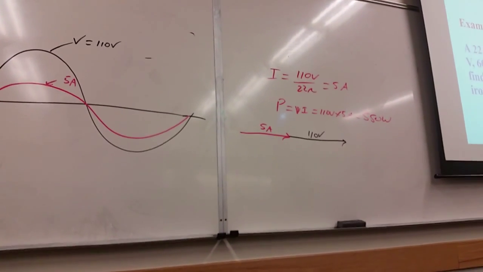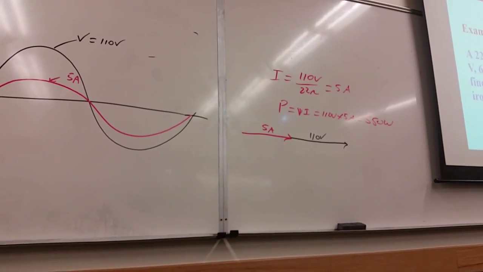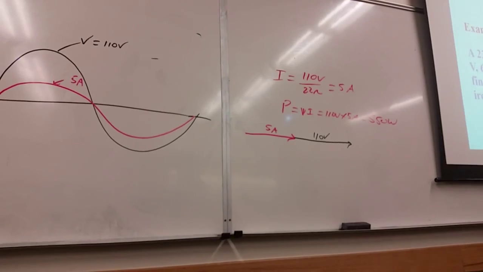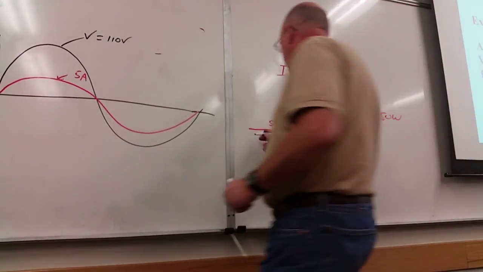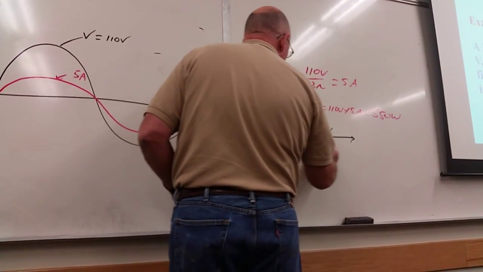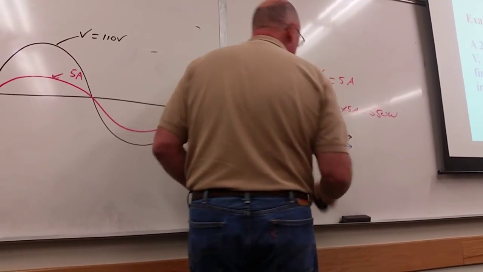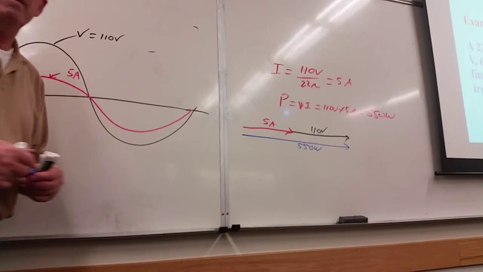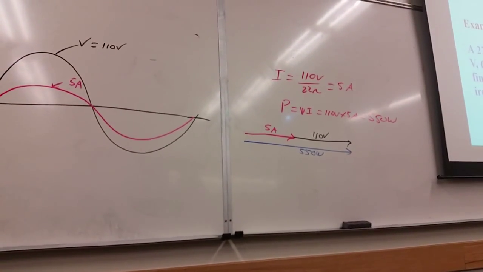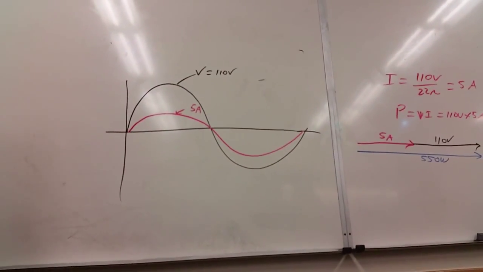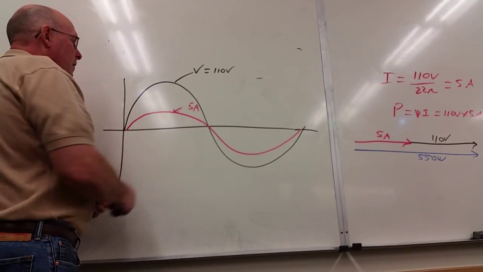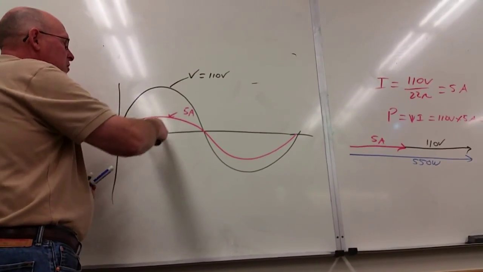Power. Okay? So they're in phase. And so this whole thing right here would equal my 550 watts. So how would that power look in your wave? Power is the combination of these two.